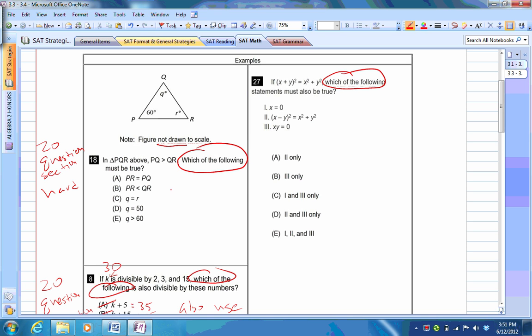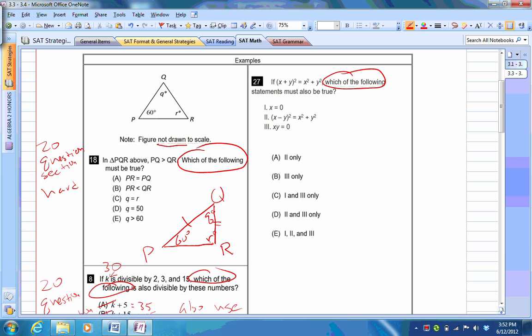If you want PQ to be larger than QR, perhaps I would do something like this. Here's PQ, here's QR, there's 60 degrees, there's little r degrees and little q degrees. So this side is larger than that side.